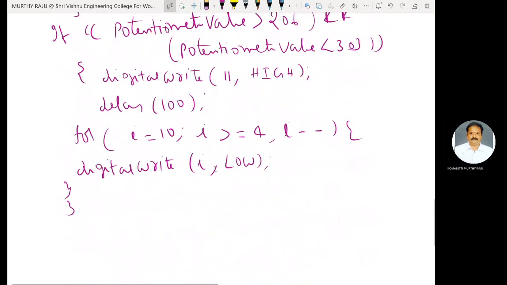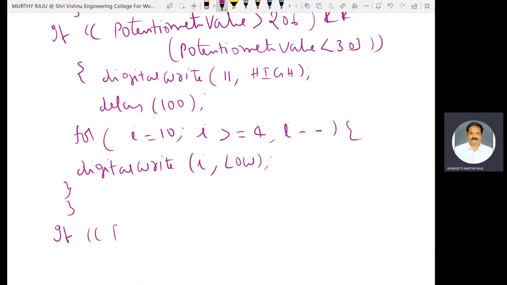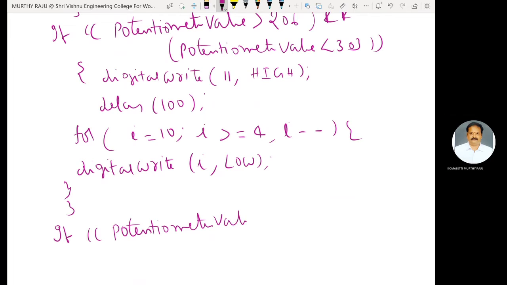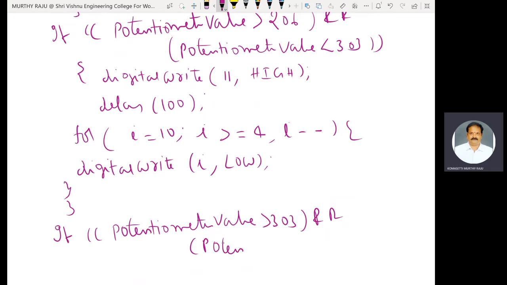Next one is the potentiometer value. If potentiometer value greater than 303, less than 303 completed, and potentiometer value less than 406.